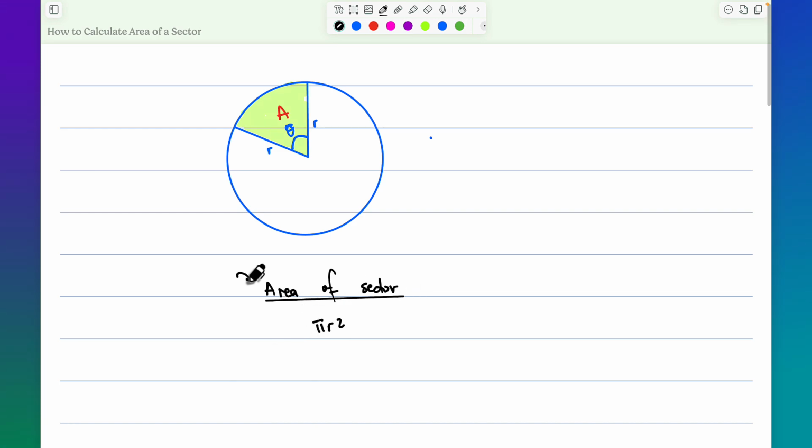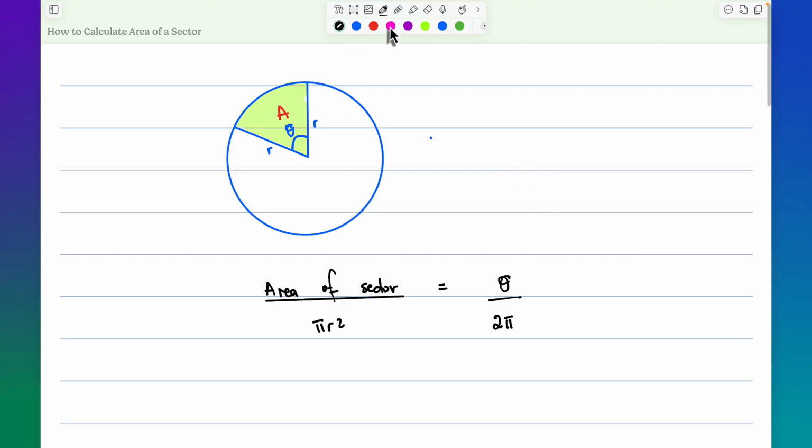This ratio of areas should be the same as the ratio of your theta, which is the angle of that small piece, divided by the angle of the full thing. The angle of the full thing in radians is 2 pi, because we know that 360 degrees equates to 2 pi radians.